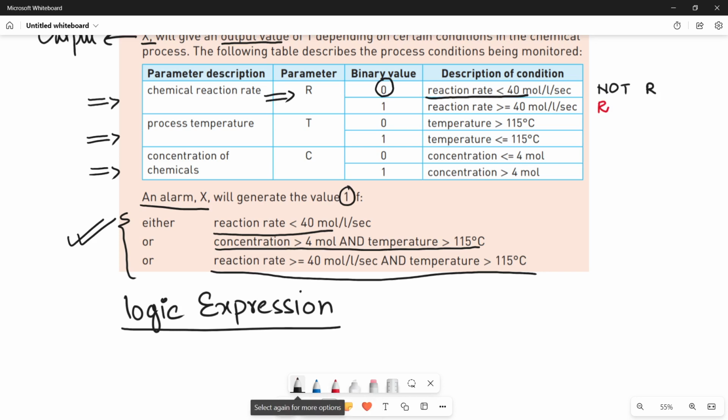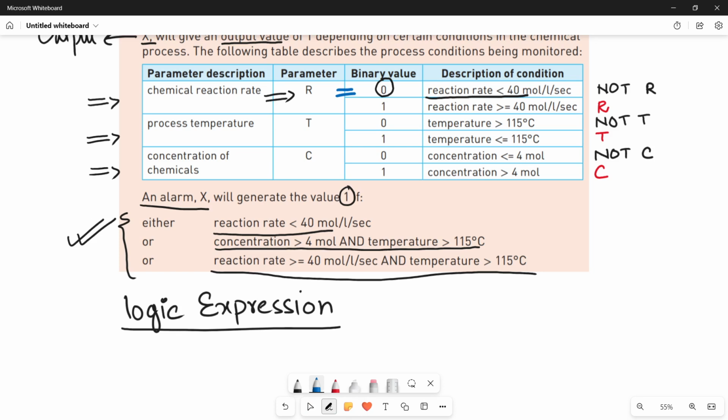Same goes for temperature. If the temperature value is 0, then you will represent it as not T in the logic expression. Otherwise, if it is 1, you will represent it with T. And same goes for concentration: not C when its value is 0 and C when its value is 1. So in the first case, reaction rate is less than 40, which means R equals 0.